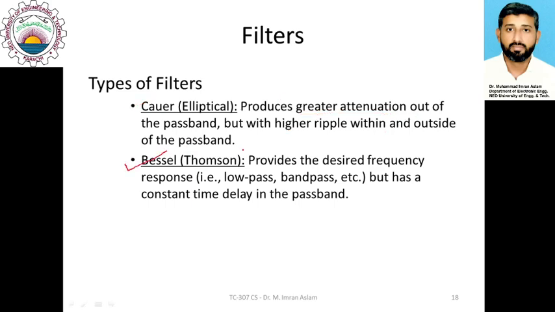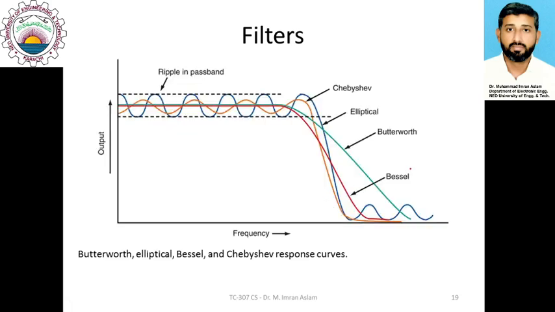Another filter is named the Bessel filter. It has the property that it provides a constant time delay in the pass band. It can be fabricated as a low pass or band pass filter, but it always provides a constant time delay for all the pass band components. The response of the Bessel filter is represented here. This red line represents the response of the pass band.